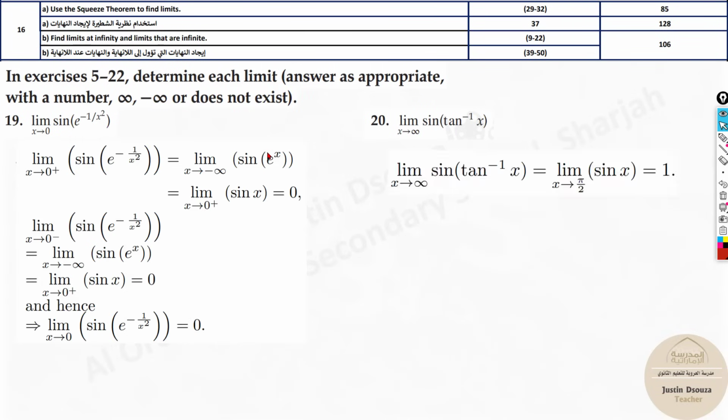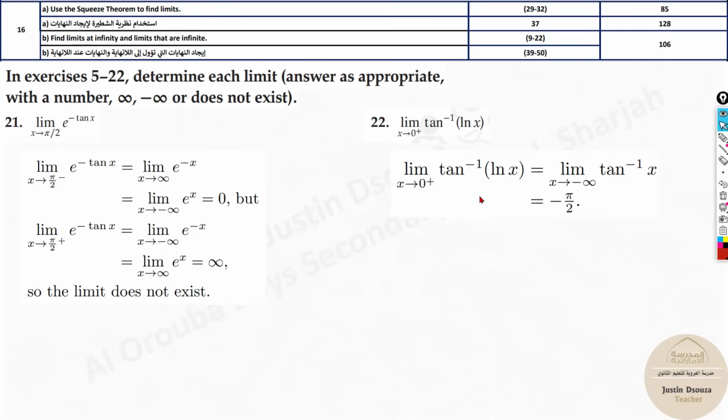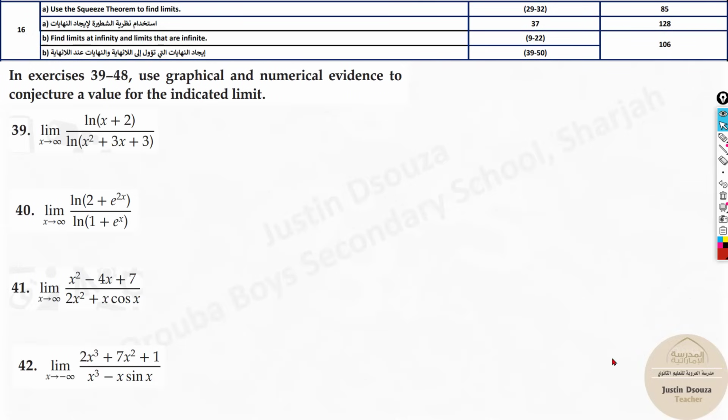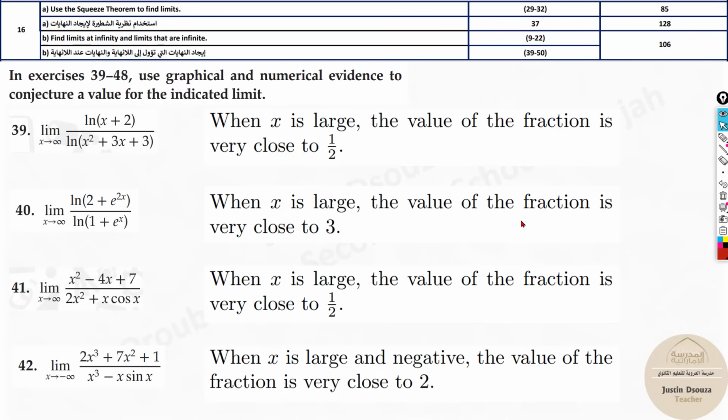Same way, the methods are there. They are simple and straightforward. Try to understand and apply by yourselves and check for the answers over here. And here as well. Similarly, you can solve these problems as well. Do it and then check the answers. You can even check your answers by using the calculator method. Directly substitute. All the limits can be substituted. For infinity or minus infinity, use the appropriate number.